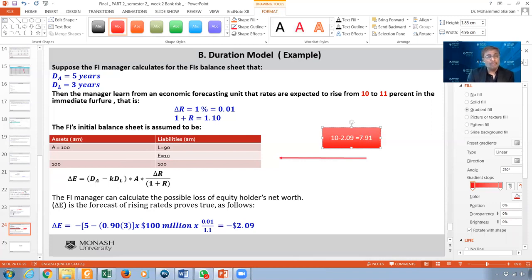So the increase in the interest rate, which is logical, has actually decreased equity because the duration of the assets is higher than the duration of the liabilities. Look, the duration of the assets is higher than the duration of liabilities. So the impact on the balance sheet, there will be a decrease in the assets, a decrease in liabilities, but actually the impact will be negative on the equity.